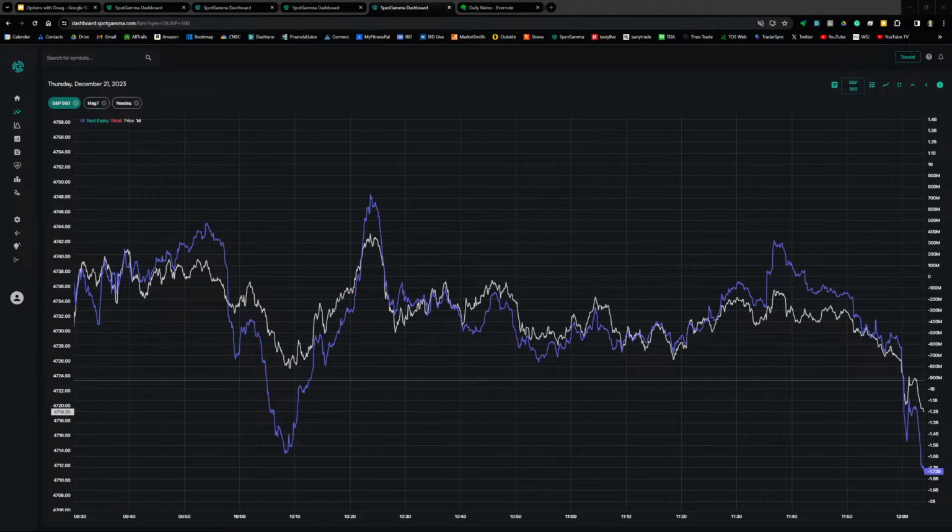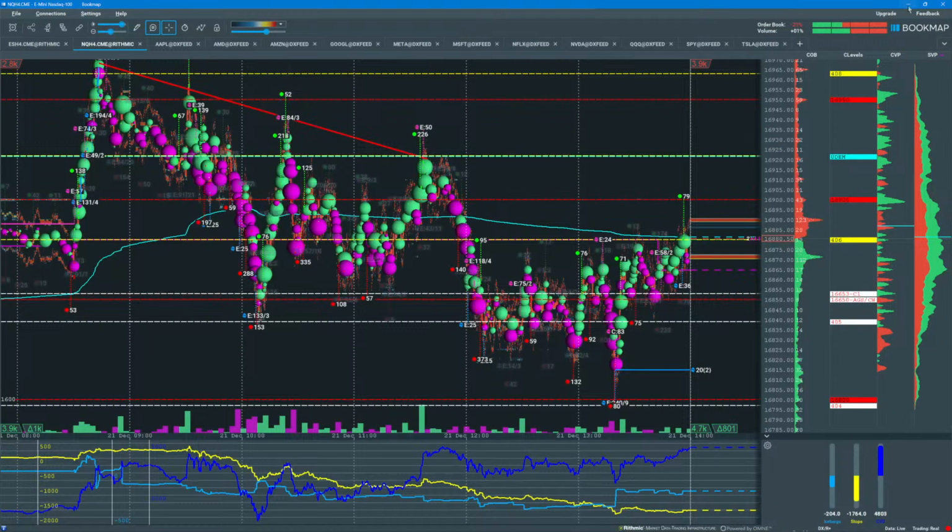And one thing I forgot to do, let's go take a look at Bookmap, and then I'm going to jump back to yesterday. So there was a short setup this morning, a long setup, and then we'll take a look at those two setups. Let's go back to ES.